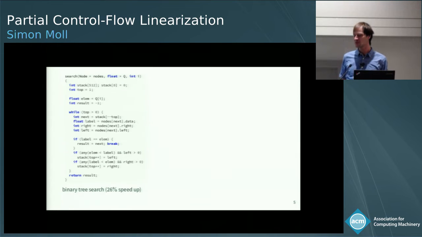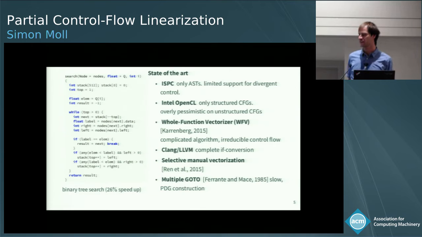Now, there's been a lot of work in that area. And say we have a code like this here, which is a binary tree element search. And you can actually get a 26% speedup over scalar execution in this code with our approach. Now, if you see the approaches that are state-of-the-art currently, you could have ISPC, which is only for ASTs, really, so you can't do it for arbitrary control flow graphs, so that is ruled out.